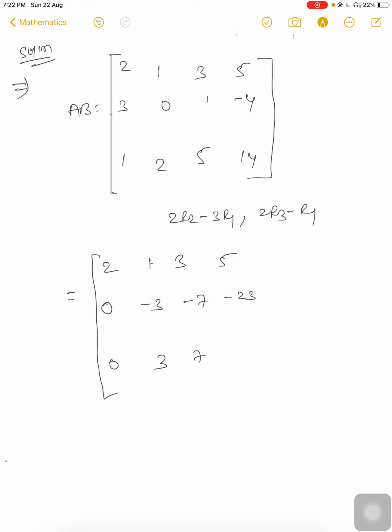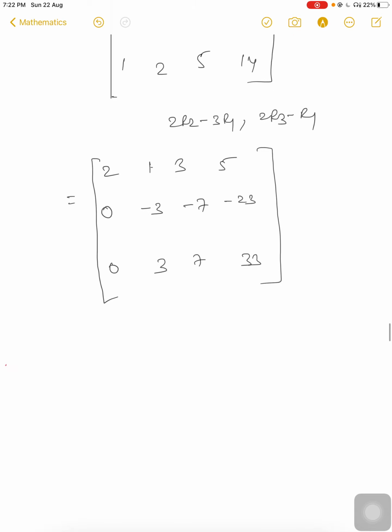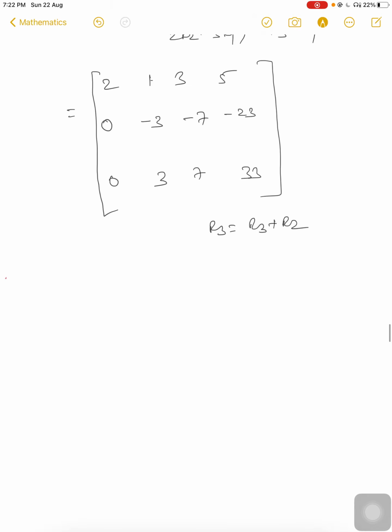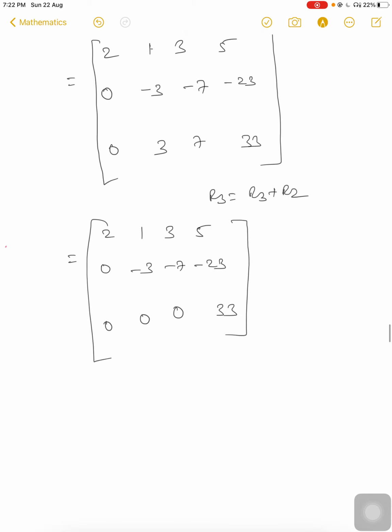Next row you will get 0, 3, 7, 33. Now make R3 equal to R3 plus R2. Then 2, 1, 3, 5, 0, minus 3, minus 7, minus 23. Then 0, 0, 0, and 33.